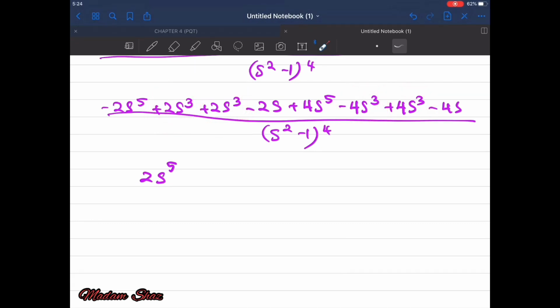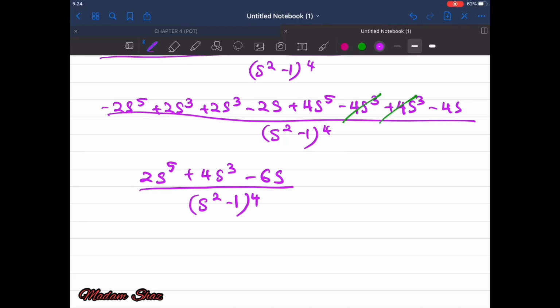Okay, so negative 4s cubed can be cancelled out. Positive 2s cubed plus positive 2s cubed will become positive 4s the power of 3. Negative 2s minus 4s, negative 6s, over s square minus 1 the power of 4.